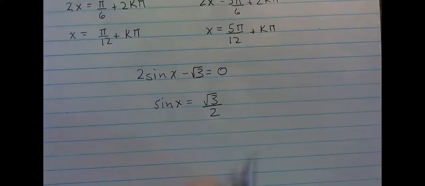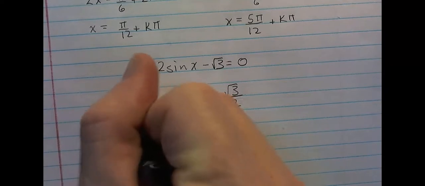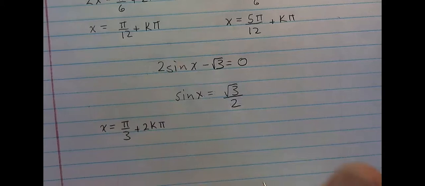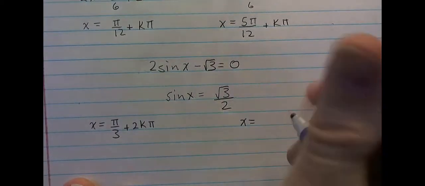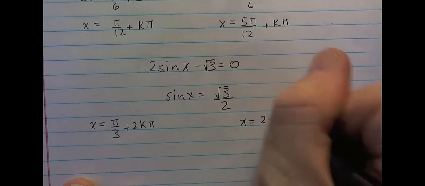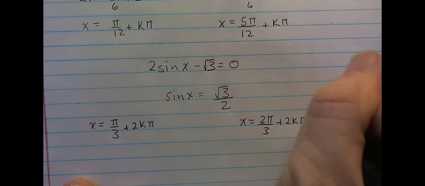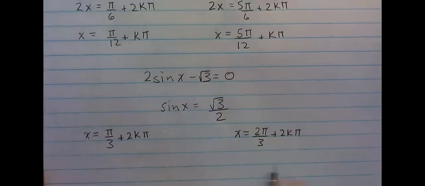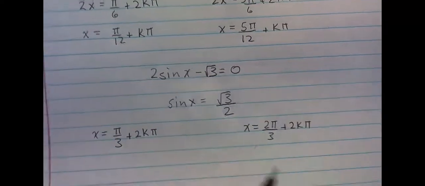So we got that x is equal to pi over 3 plus 2k pi, where k is an integer. And also, another solution would be 2 pi over 3 plus 2k pi. So there we've got a couple of solutions. Well, this represents all the solutions, 2 angles and then all the coterminal angles.